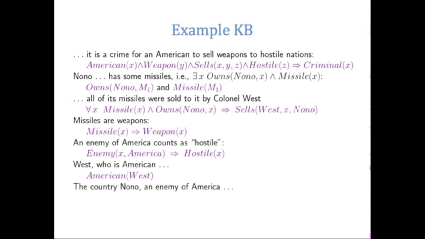And finally, we need to express the notion that Nono is an enemy of America. So that's easy. Now, given that, let's take a look at how we would forward chain to try to conclude that Colonel West is a criminal.